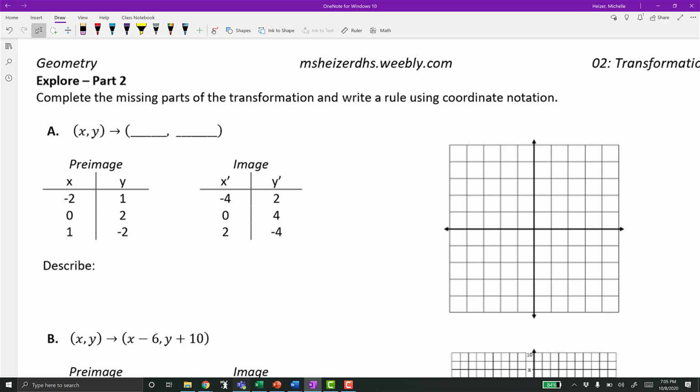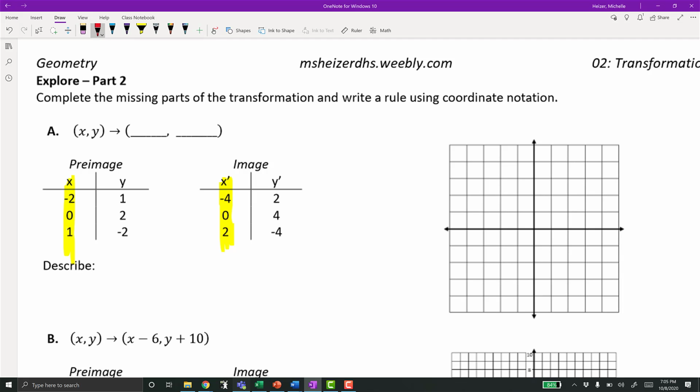To complete the missing part of our coordinate notation for these transformations, we're going to look for patterns. The first thing I want to look for is the relationship between the x values here. Is there any relationship or connection I could make between these values?